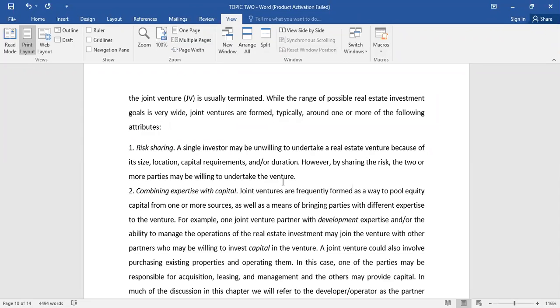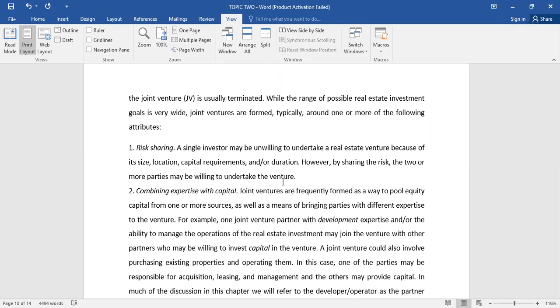It is your property. So risk sharing: a single investor may be unwilling to undertake a venture because of the capital involved, and they don't have that capital. So they can joint venture. Then after they achieve the objective, let's say you pay back the 150 million that belongs to the bank, the property will revert to you. Then we have the combining of expertise with capital.